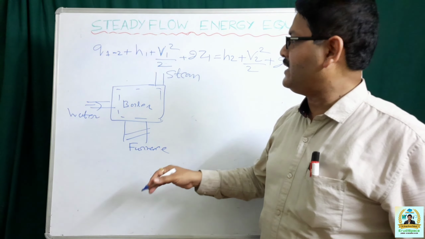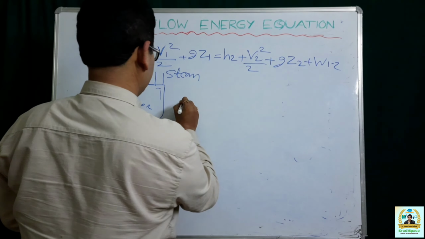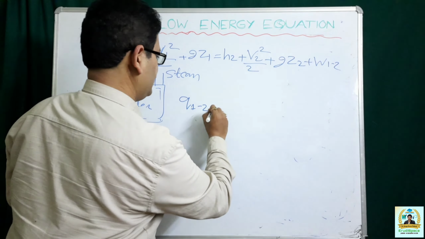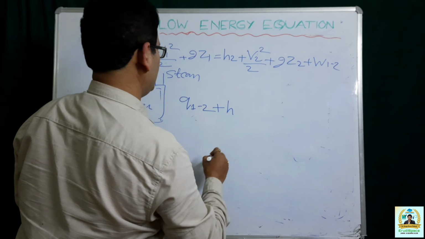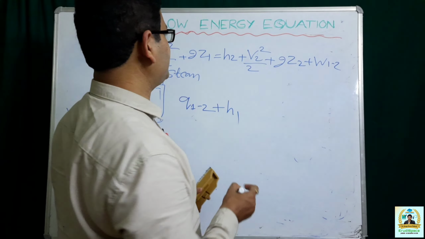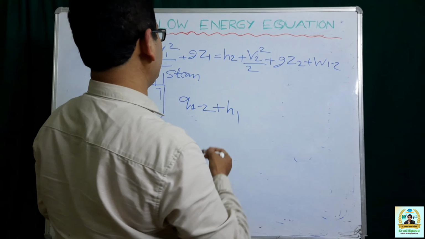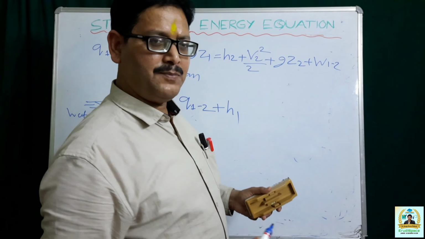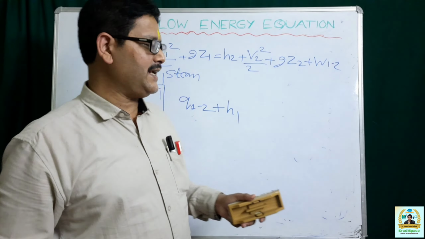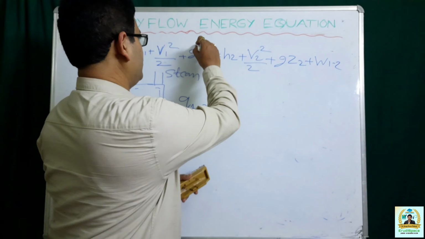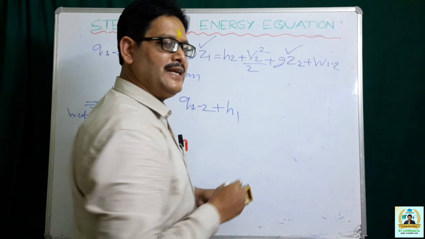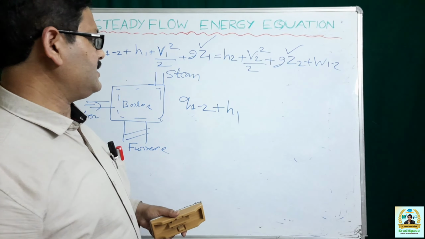Here heat is being added. The enthalpy at the entry condition is H1, and as far as the kinetic energy is concerned, that is negligibly small, and if it is at the same level, you can also eliminate the potential energy, because the potential energy at one end will balance the potential energy at the other end.